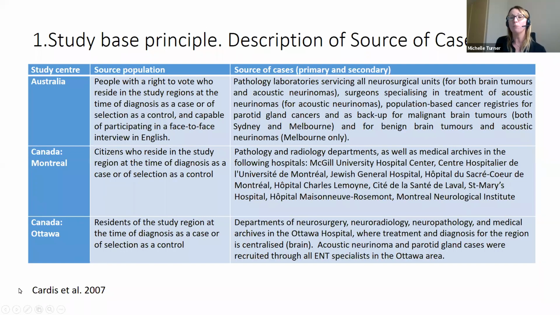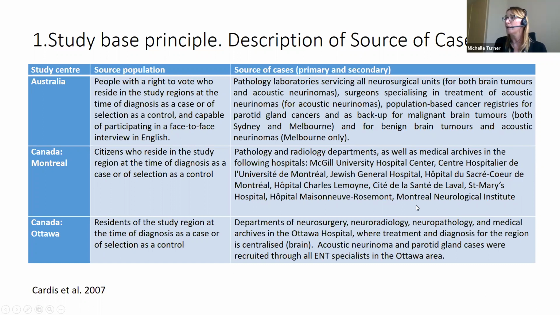Again, if you go back to this original methods paper, you can see that they describe very clearly what the source population is for the study. If we look here at Ottawa, they describe the source population for their study as being all residents of the study region at the time of diagnosis as a case or selection as a control.